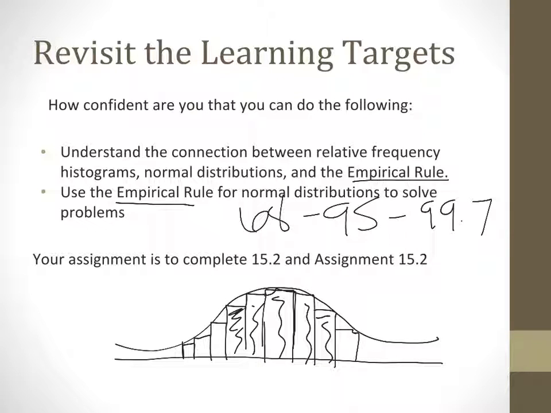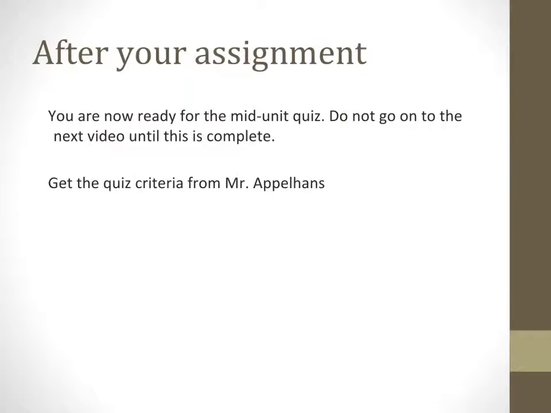So what I want you to do now is come grab 15.2 from me, from the book, and then finish the 15.2 assignment. Remember that those are two different things. This thing is from the book. This is a worksheet. It'll say assignment 15.2. Once you're done with those, you're now ready for the mid-unit quiz.